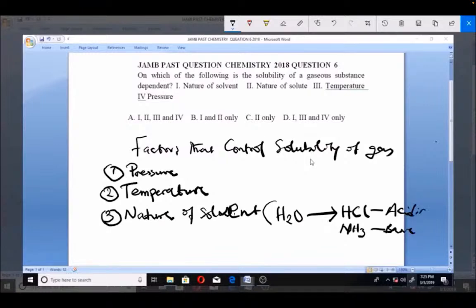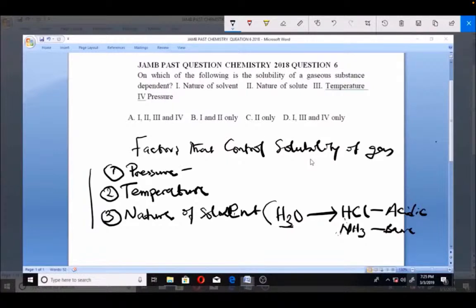So if you have the solvent as water, it will very much affect the solubility of any of these gases. So these are the three major factors that affect the solubility of gases.